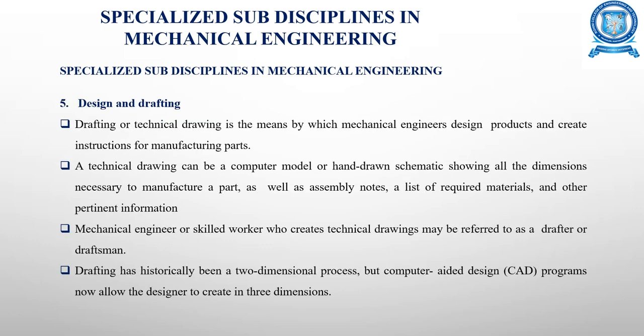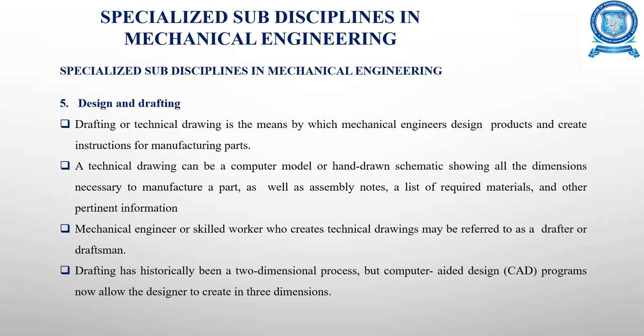So the fifth specialized subdiscipline in mechanical engineering is design and drafting. This is also called technical drawing, and it is a means by which a mechanical engineer would design products and create instructions for manufacturing the parts.